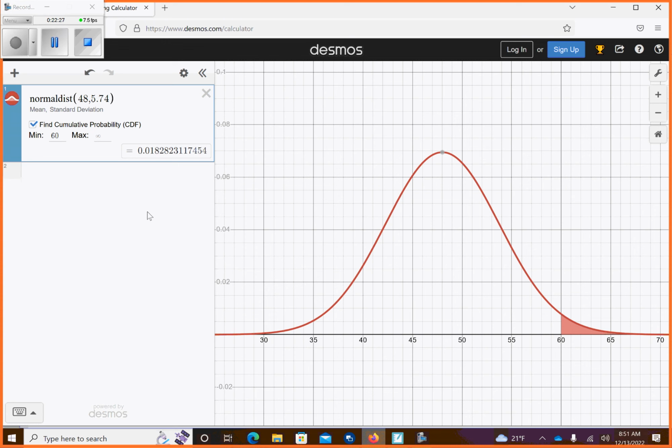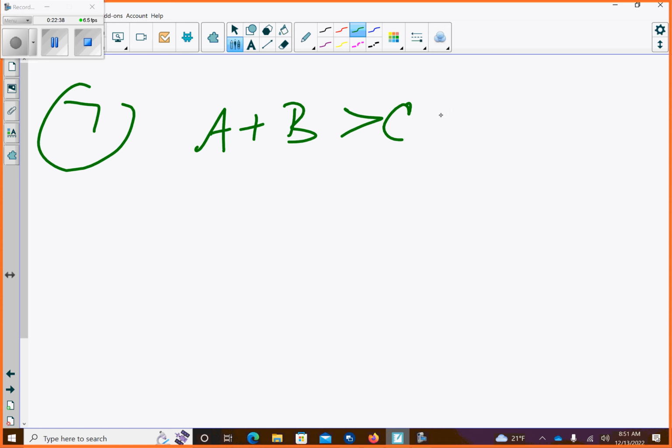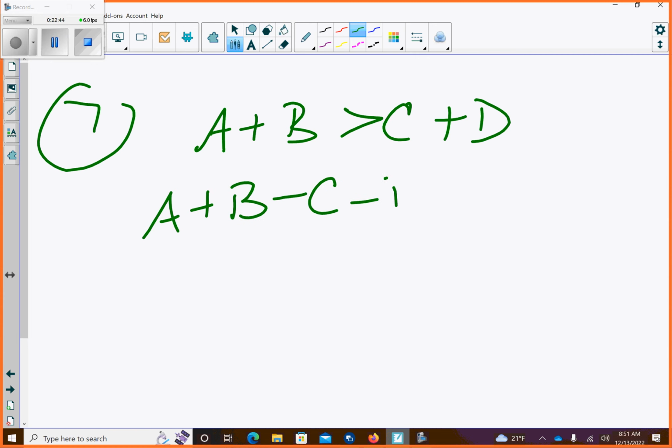And then the last one's a little more complex. Number 7, what's the probability that A plus B will take longer than C plus D? So then we can realize that this is A plus B minus C minus D is greater than 0, just using a little bit of algebra.